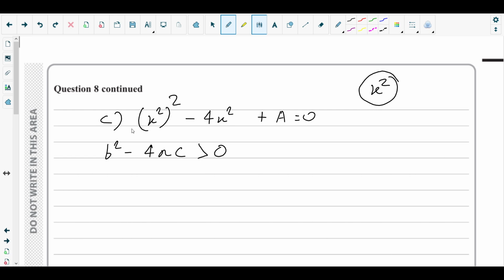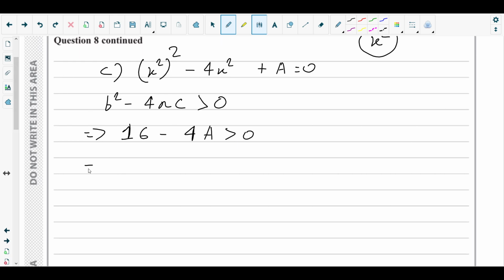Make sense? So consider b squared minus 4ac. b squared is 16, minus 4 times 1 times a, where a is the constant term. That should be greater than 0.